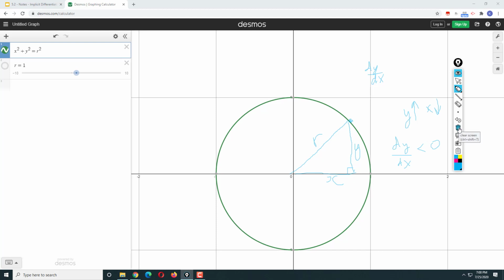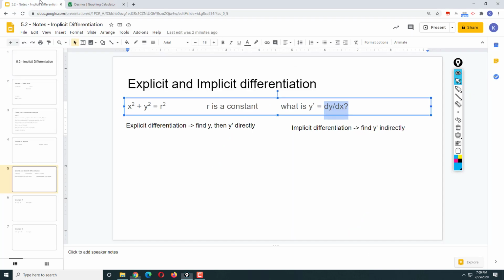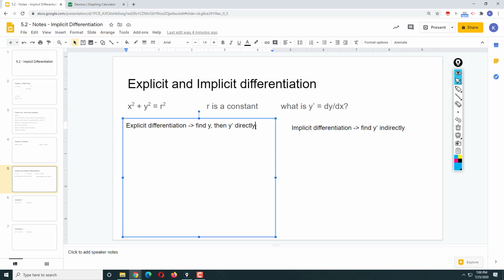Okay. All right, let's actually figure out what dy over dx is. First, we are going to do it directly. That's called explicit differentiation. Direct. All right, to figure out y prime, the derivative directly, we have to find y by itself. Okay, so given x squared plus y squared equals r squared, I want y by itself.